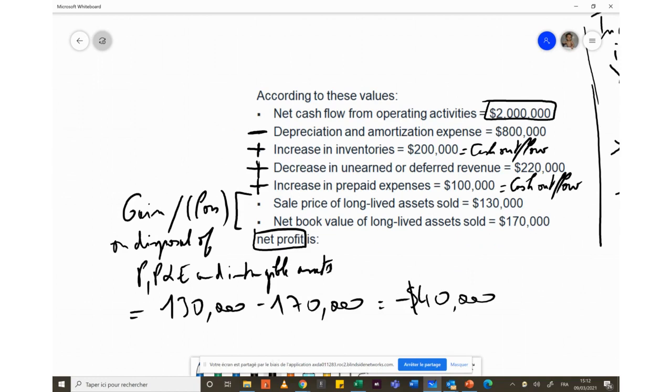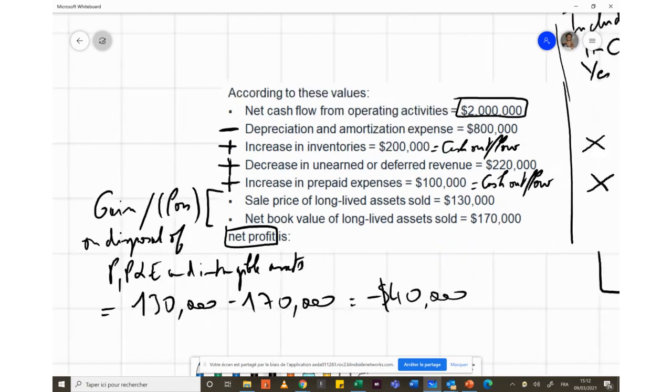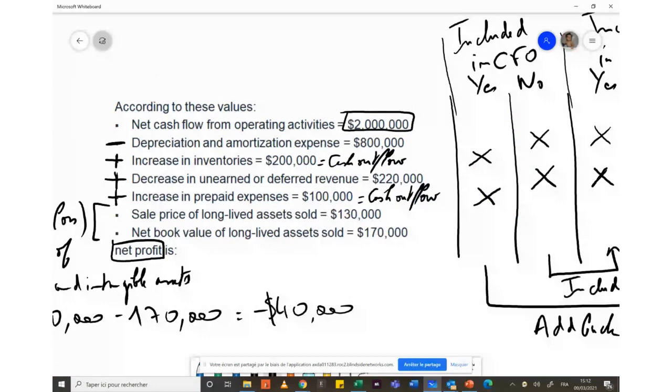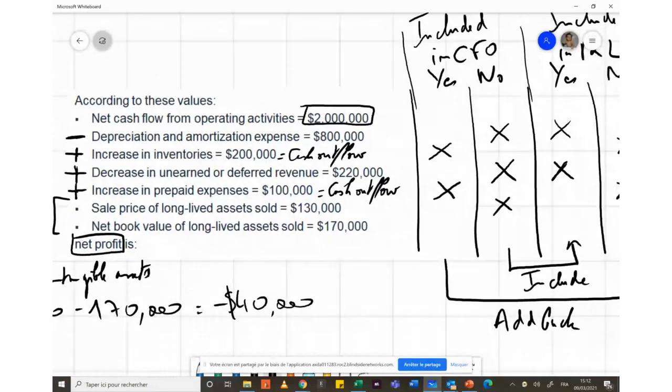So the sale price and the net book value are not already included. The sale price is in the investing cash flows, so it's not included in the operating cash flow, and it is included in the P&L. The net book value is a non-cash expense.